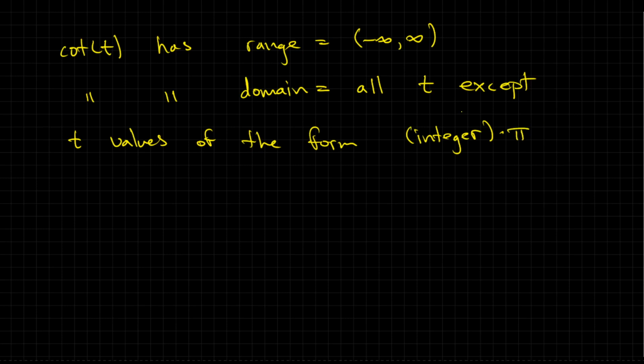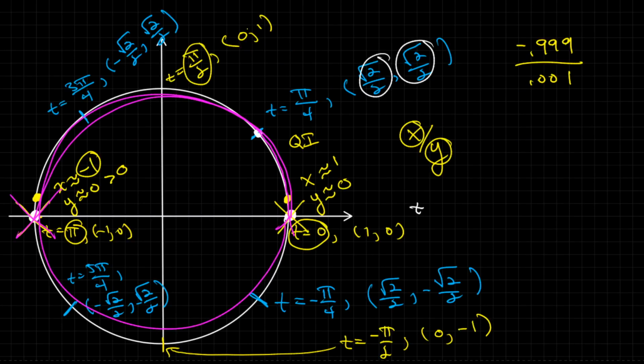So 0 pi, 1 pi, 2 pi, -pi, -500 pi, those are all not in the domain of cotangent of t. The period is pi, as I've mentioned before. And I'll briefly mention that it's a one-to-one function, so it has an inverse.